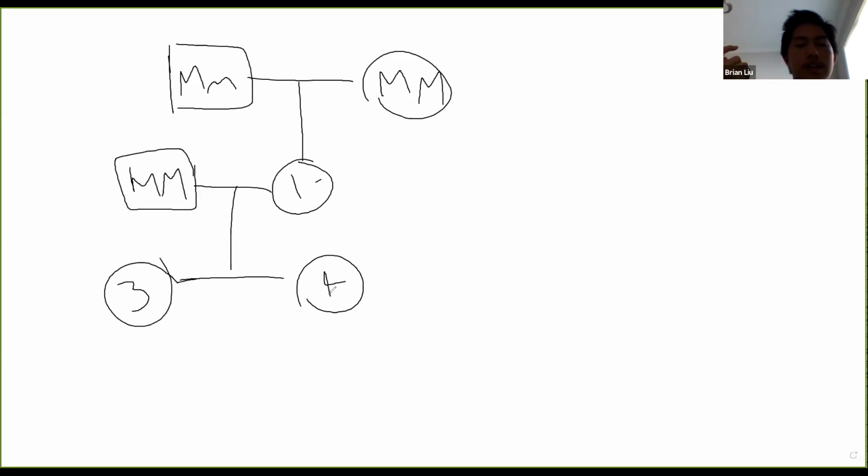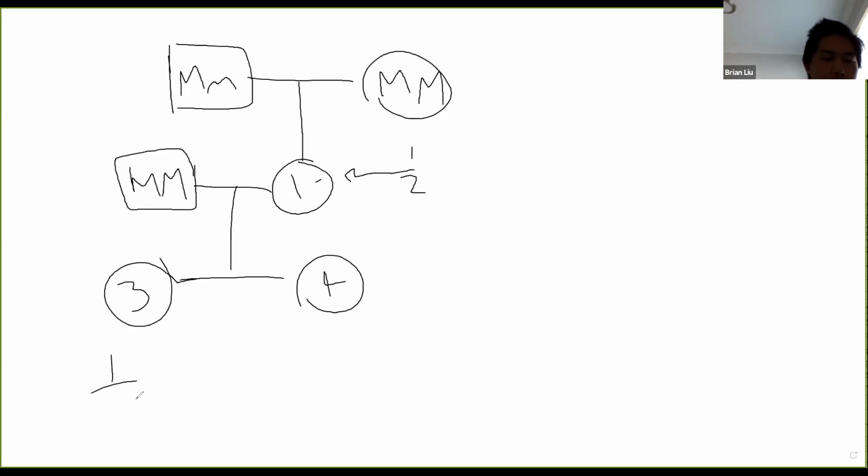We said that there was a 1/2 chance that person 1 would have this little m. One way people might approach this is, you might think, okay, 1/2 chance here, and then for person 3, there's a 1/4 chance that it'll still be passed down.